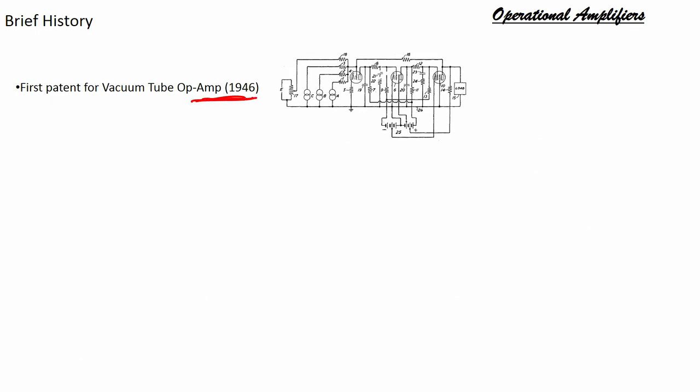In this the op amp was made out of vacuum tube, okay, because earlier, if you see the transistors, if you see the other electronic components, vacuum tube technology was used, and slowly with the advancement of technology we came to the present technology, which is our IC.